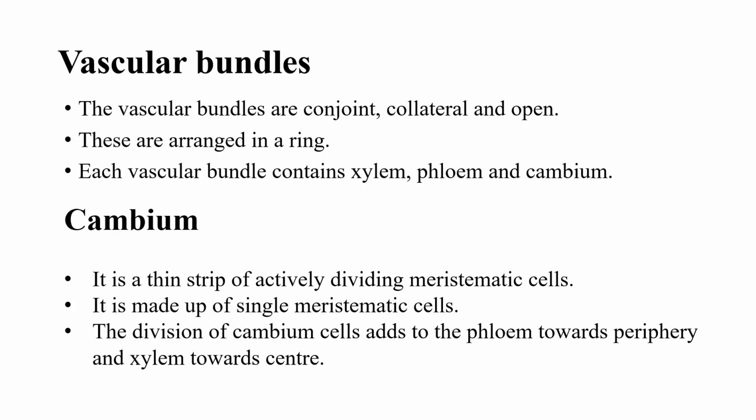Then vascular bundles. The type of vascular bundle present in dicot stem is conjoint. Conjoint means, as I have already told you, that the xylem and phloem are present together. And what is collateral? Collateral means xylem is present inwardly and the phloem outwardly, and it is open.